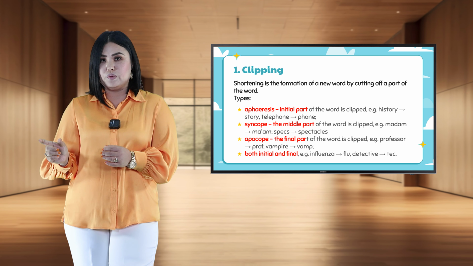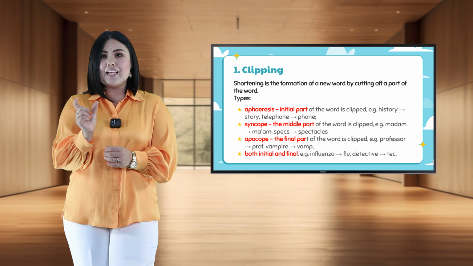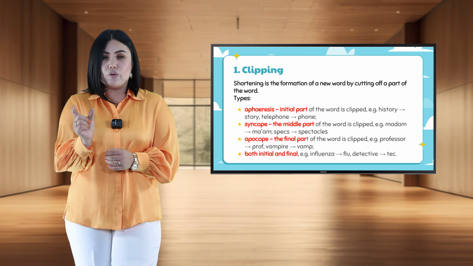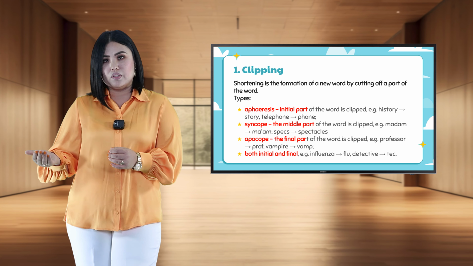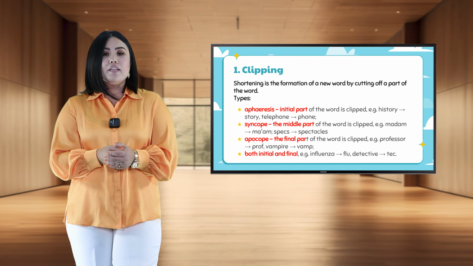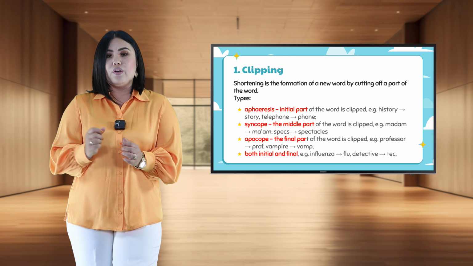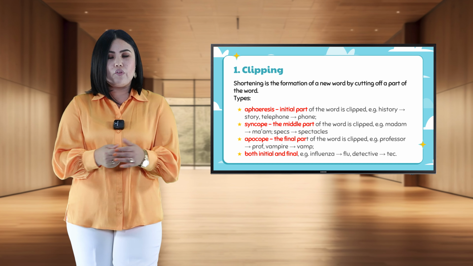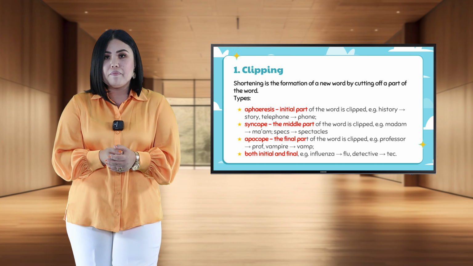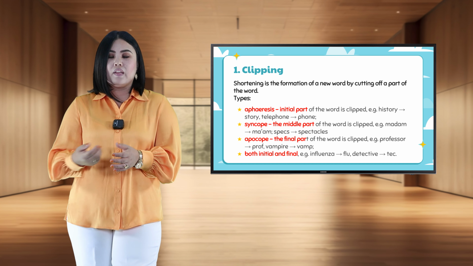Apheresis: the initial part of the word is clipped. For example, history, story, telephone, phone. You see in this word, tele, the initial part of the word is clipped, and phone remains. Next type, syncope: the middle part of the word is clipped. For instance, ma'am for madam.